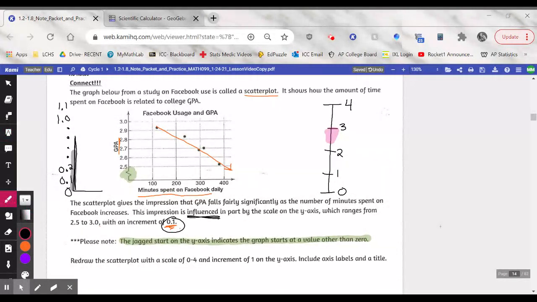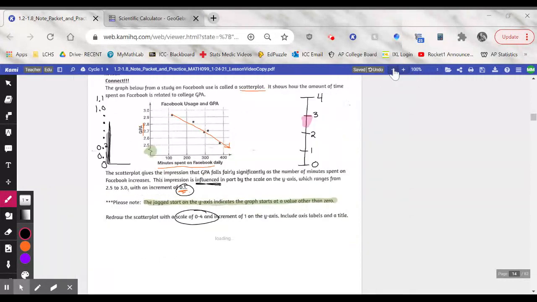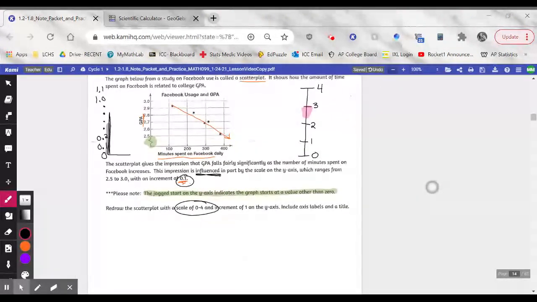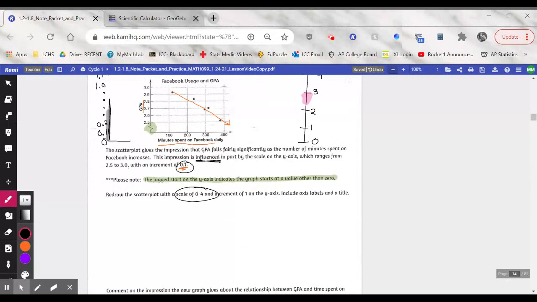So we want to see what will happen to the scatter plot if we create it to have a scale from 0 to 4. So all we're going to do is take the points that were included in the original scatter plot and use them in our new one.